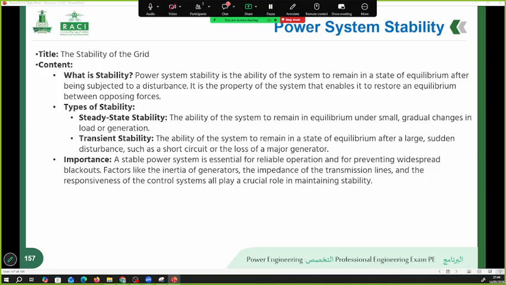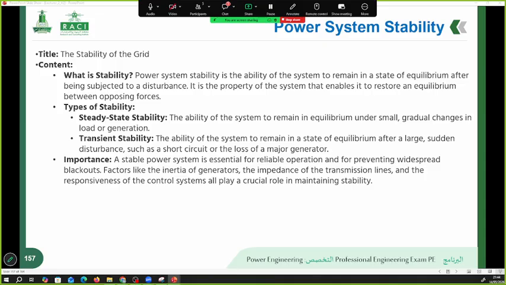Power system stability is the ability of the system to remain in a state of operational equilibrium after being subjected to a disturbance. A disturbance can be anything from a minor fluctuation in load to a major event like a short circuit or the loss of large generators.